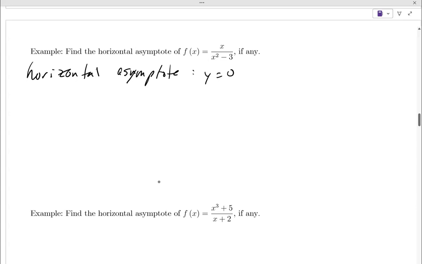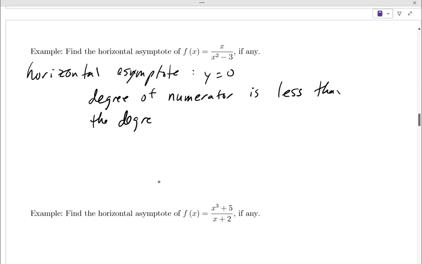Y equals 0, and again, the reason is that the degree of the numerator is less than the degree of the denominator. We'll go through and talk more specifically about why, but it's going to behave like that first example.